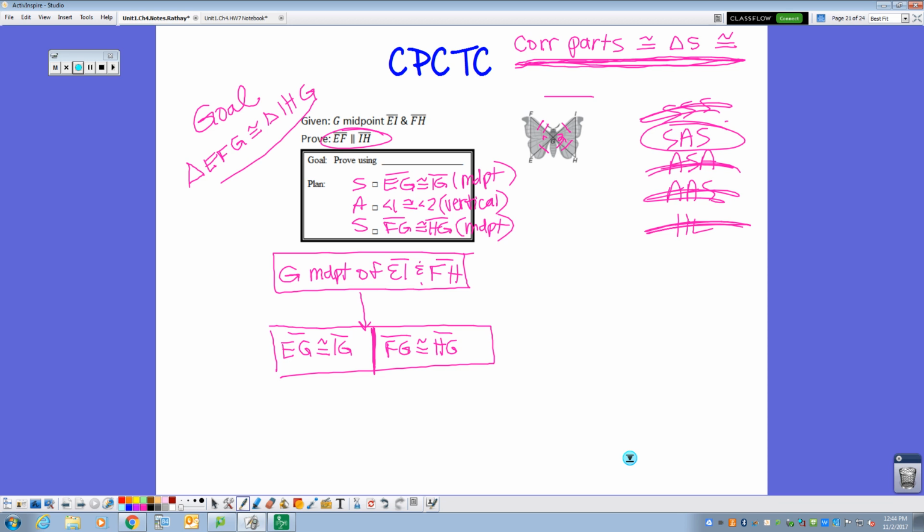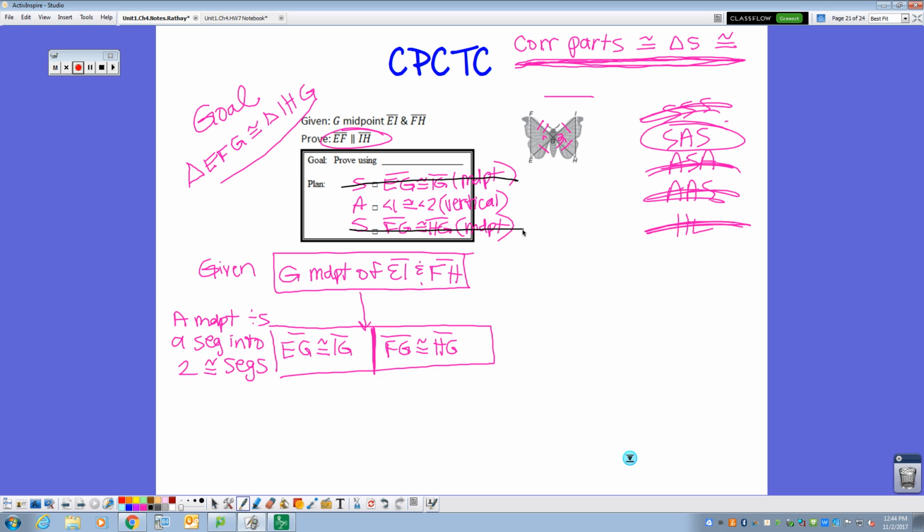And they both have the same reason, so that's why they're in a shared box. And our reason is a midpoint divides a segment into 2 congruent segments. And in that, we've crossed off both of our sides.